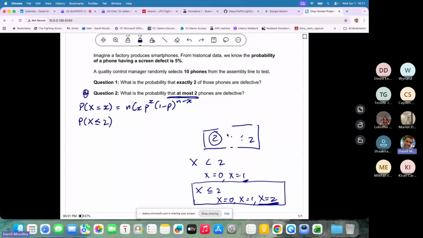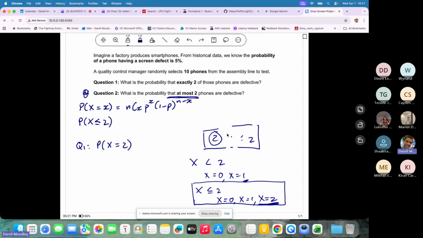So that means for question 1, they wanted us to work out the probability of X equals exactly 2. But this is not the same thing as what we're being asked now. We have an inequality. And when you have an inequality, that means you've got to work out more than just one probability. You have to work out a bunch of them and then add them up.